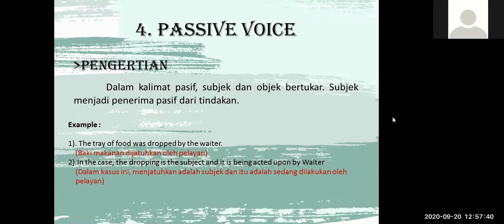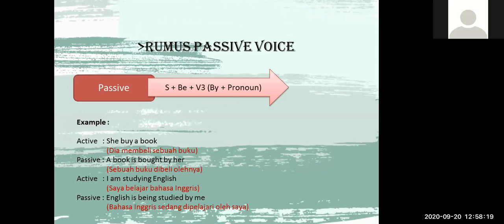The object becomes the subject of the passive sentence. Example: they eat food. Structure: subject plus to be plus V3 plus by plus pronoun.